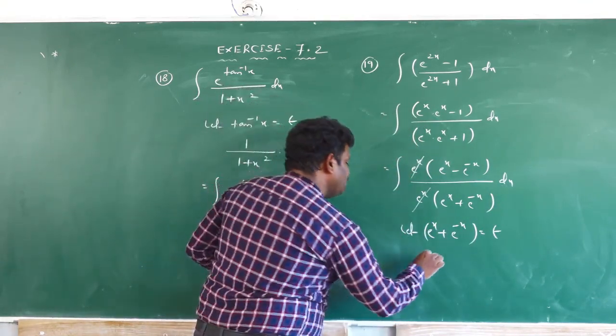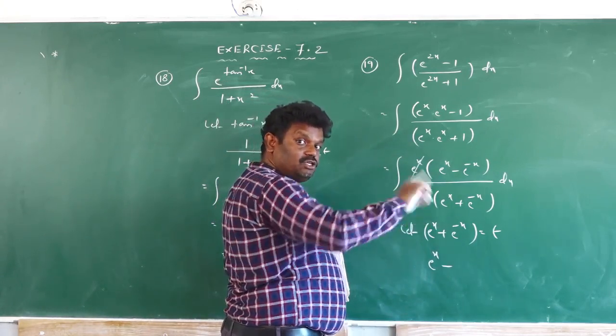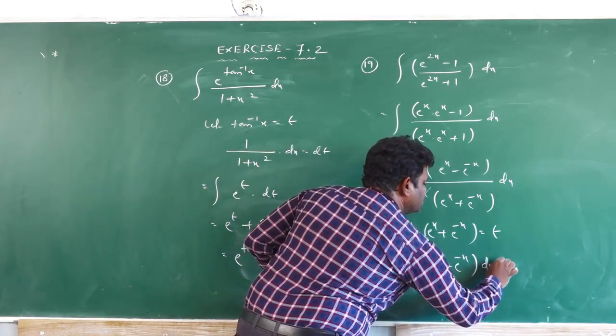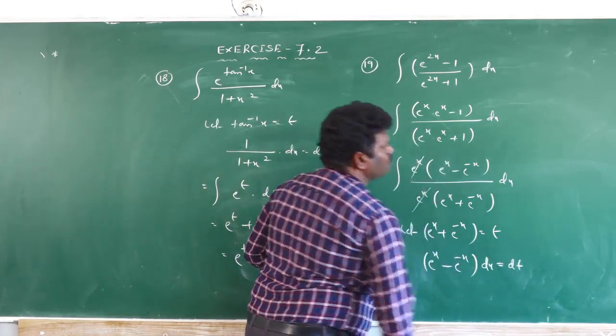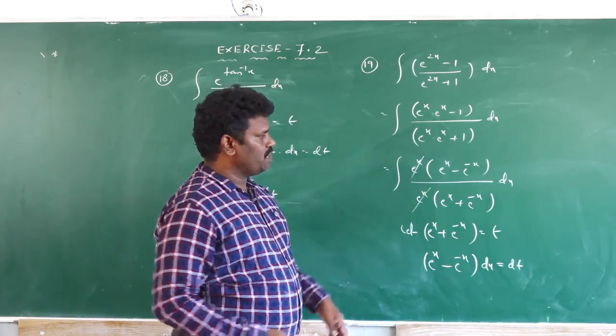Now what is the derivative of this one? e power x, and e power minus x into minus 1. So that's why (e power x minus e power minus x) dx is equal to dt. Now we substitute in the integral.